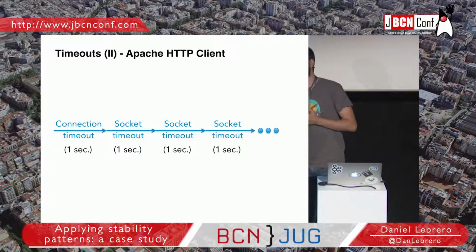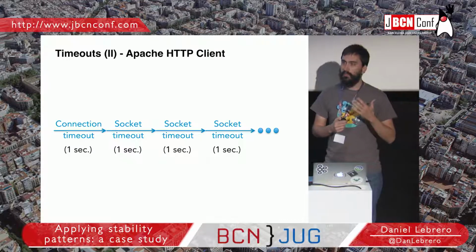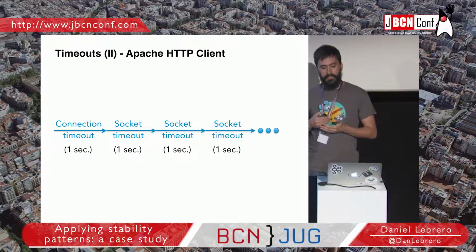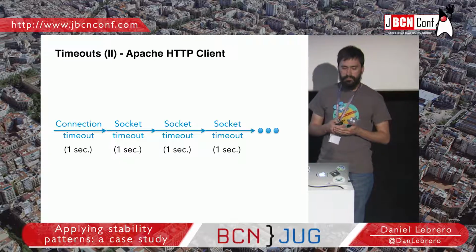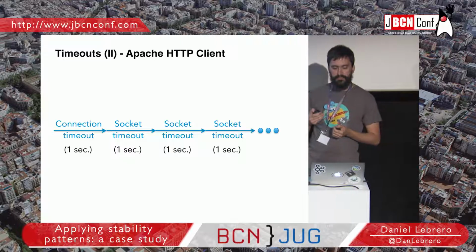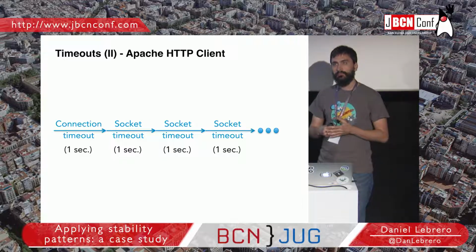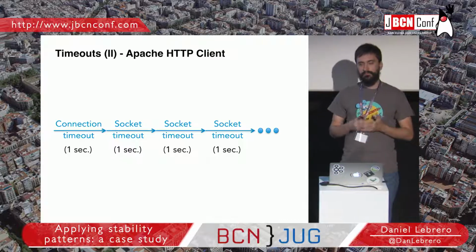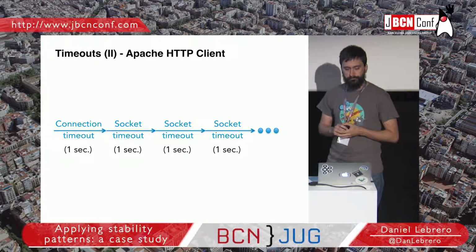To avoid this, you have to manually interrupt the thread doing the I/O. Or, if you are using Apache 4.3 or above, it comes with a future request execution service that wraps any HTTP call in a future, so you can cancel that future when it's not needed.